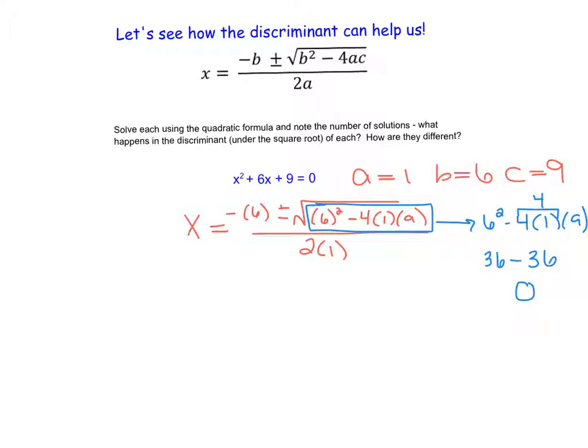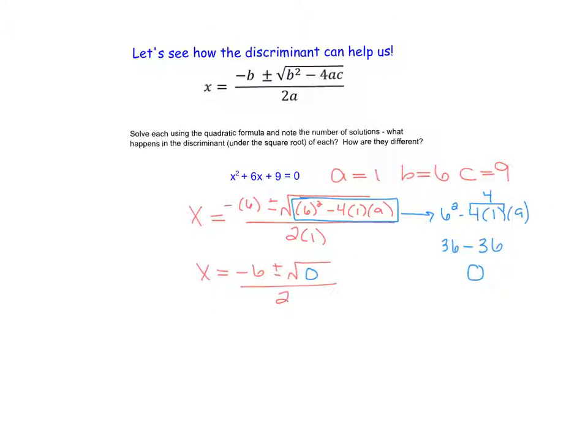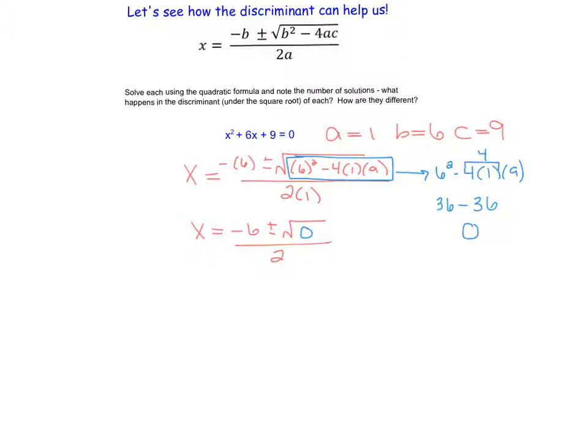So really, if I rewrite this here, I have x equals negative 6 plus or minus the square root of 0, all divided by 2. And if I keep going with the quadratic formula, so I'm going to shrink this and move it up a little bit, I know that I would split this into 2 components.